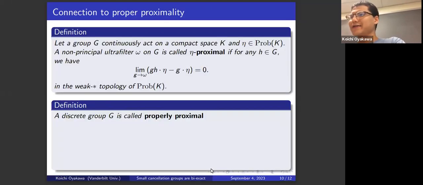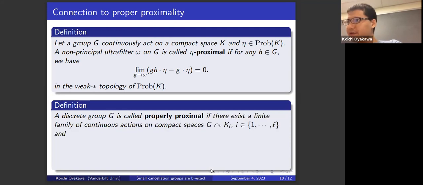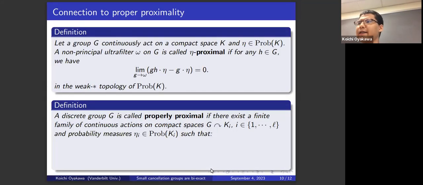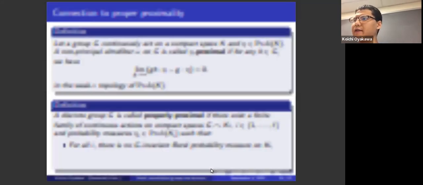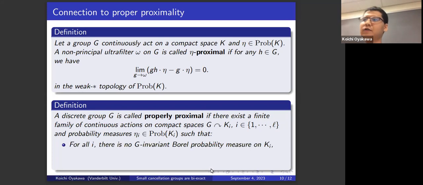Whatever this property is, a group is called properly proximal if it admits a nice action on compact spaces. That is, there exist finitely many actions on compact spaces, each with a probability measure, and the action and measure satisfy two conditions.